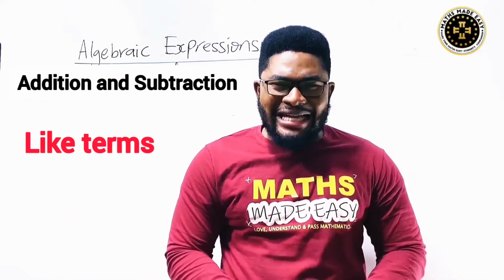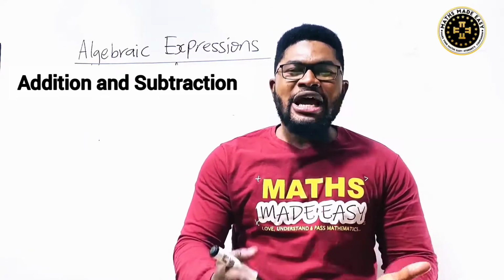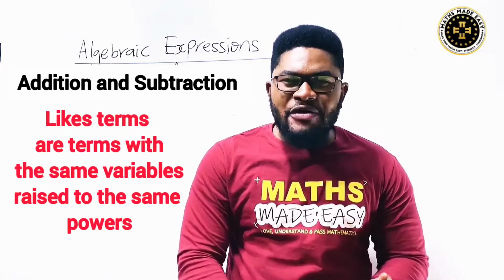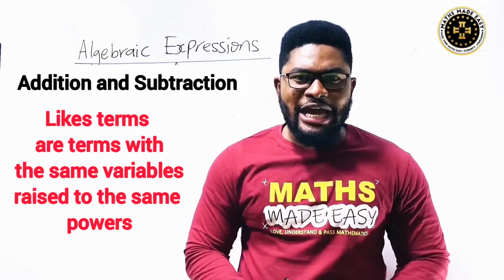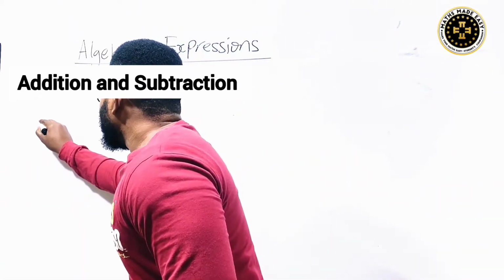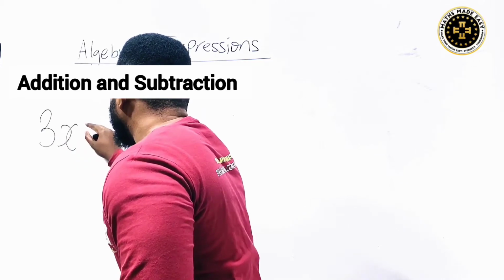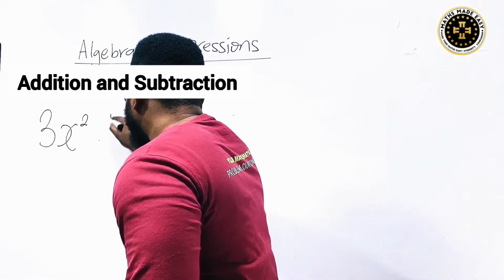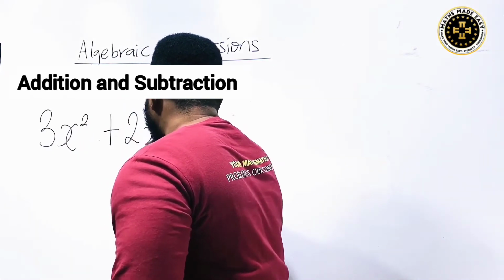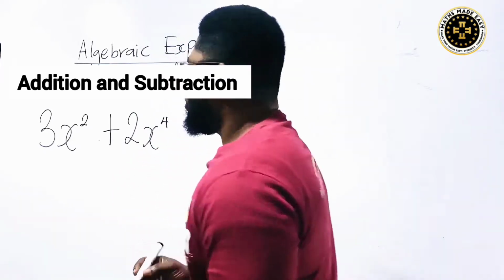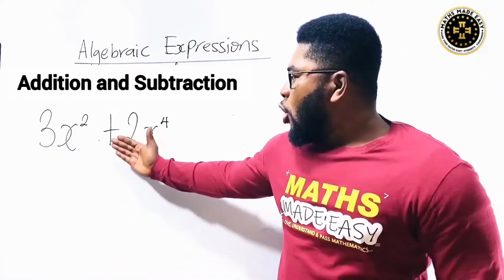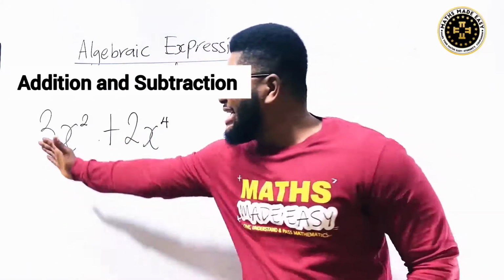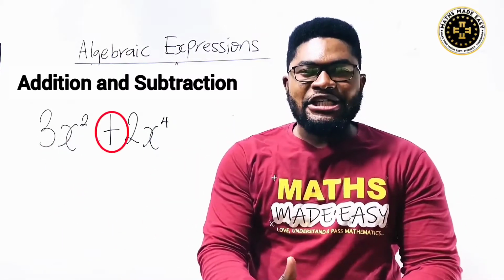Now let's see what like terms are. Like terms are terms with the same variables raised to the same power. I'll stress on that again. For example, 3x squared plus 2x power 4. Let's take an example like this. Obviously, the operational sign in between these terms is the addition sign.